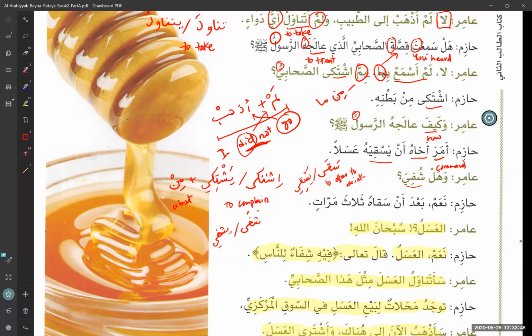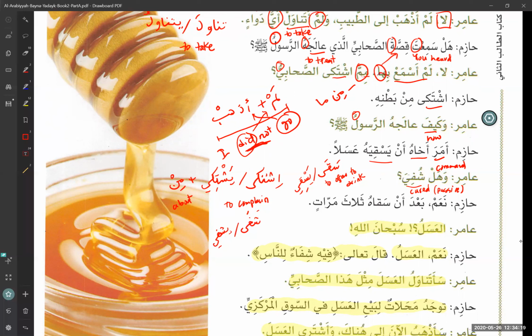It's the passive voice. So it's saying basically, was he cured? Again, we'll study these forms later, inshallah. So just know that this is in passive form. So was he cured?